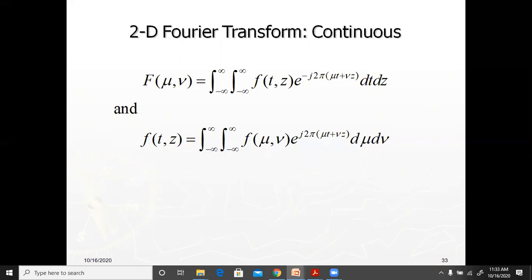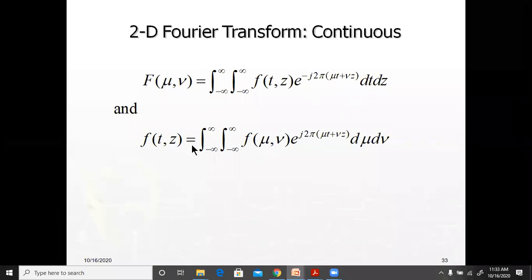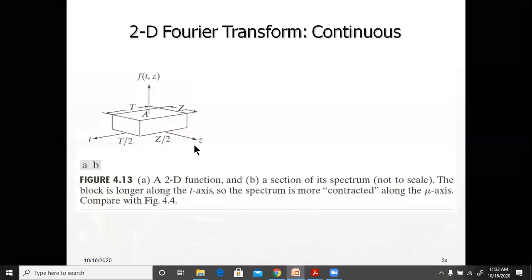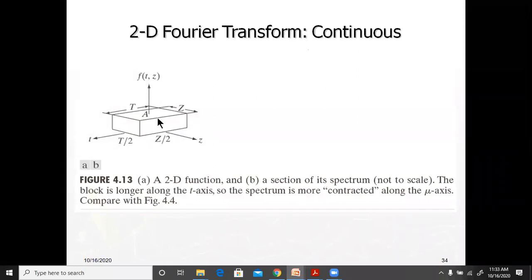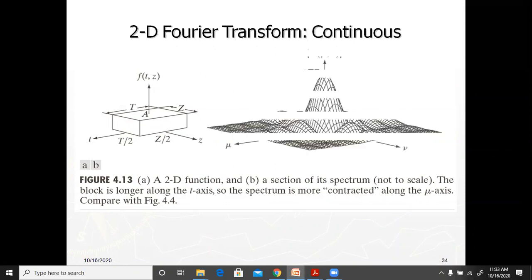Similarly, the 2D Fourier transform can be represented by this in a continuous case, F of mu, v. A 2D function is given over here. A section of its spectrum can be mentioned in the equation over there.